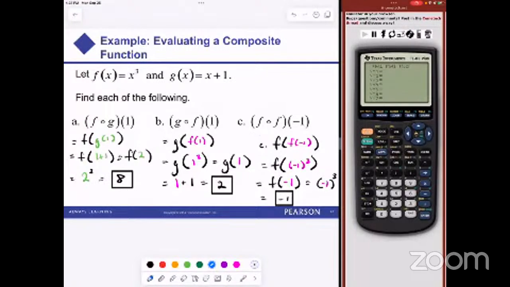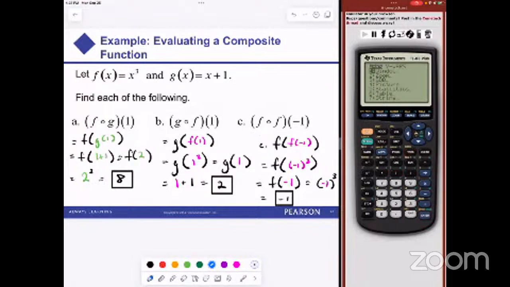Okay. So I'm going to call on my variables. The first one is f of g of 1. If I go to variables, Y variables, functions, I call on the first function f, and then I need to call on the second function, number 2 for g. And that's when x is 1.